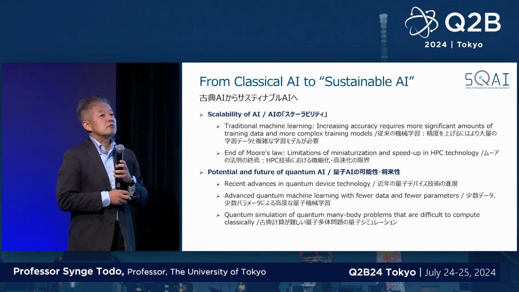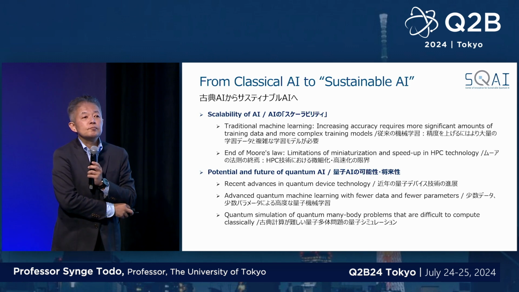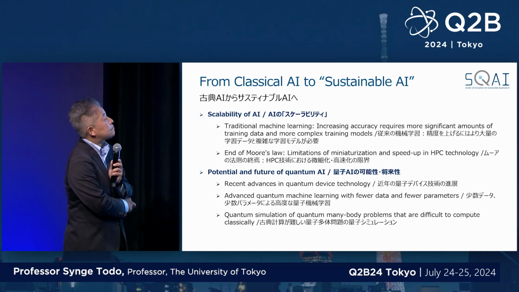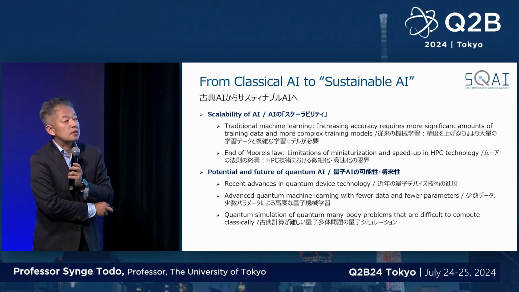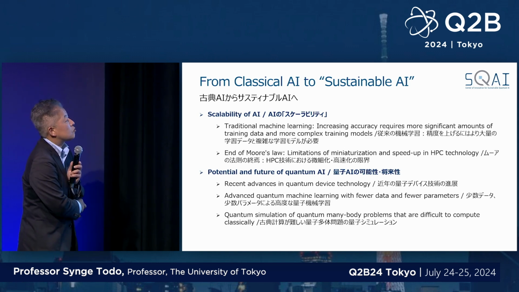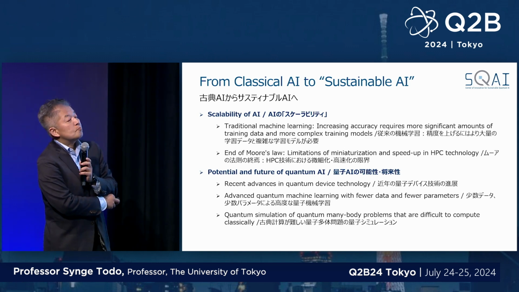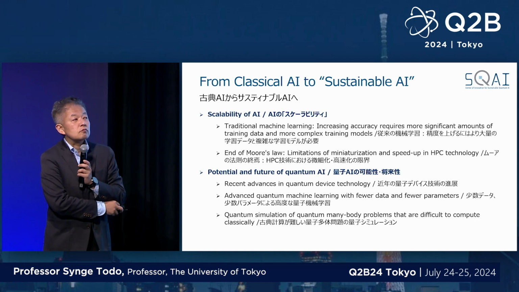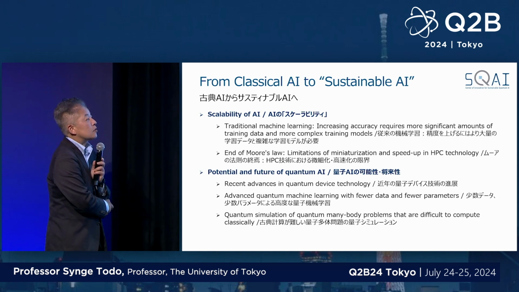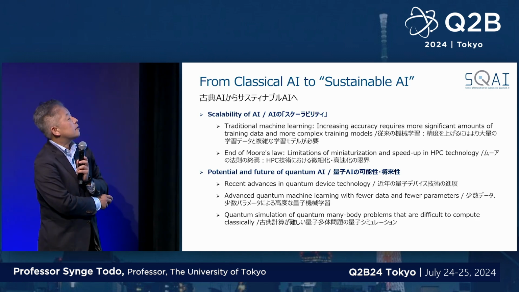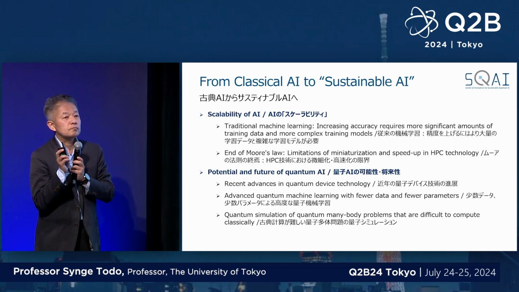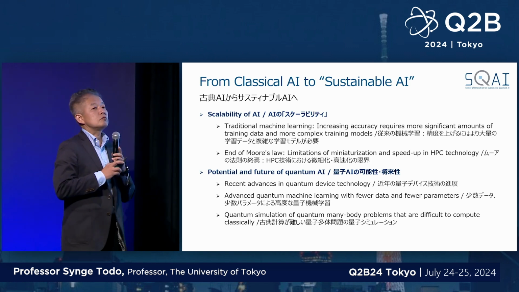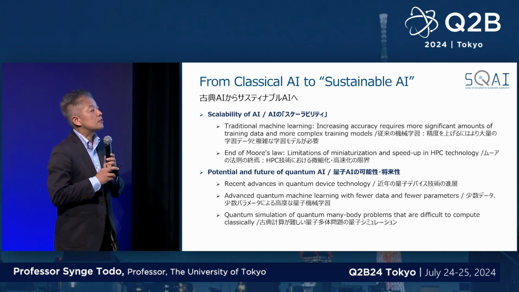On the other hand, HPC or GPU that are supporting current AI technologies are now facing the limitation of miniaturization. Now, if you look at quantum AI, there are several possibilities going forward. In recent years, we have seen quantum devices, quantum bits, and we have better technologies to control them.